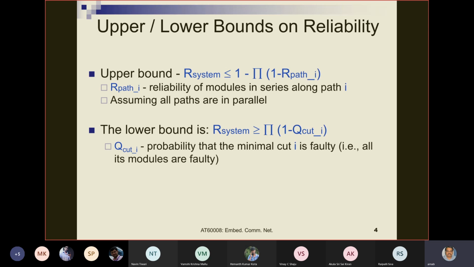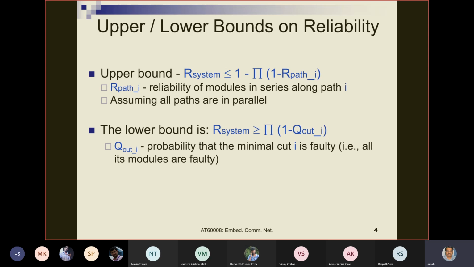Because if any one of these series paths is working, then we are saying that my system is working correctly. So to determine the upper bound on reliability, we have to find out what is the chance that all these series paths will simultaneously fail. And why this is an upper bound, as we said, because in these series paths many of the components are common.